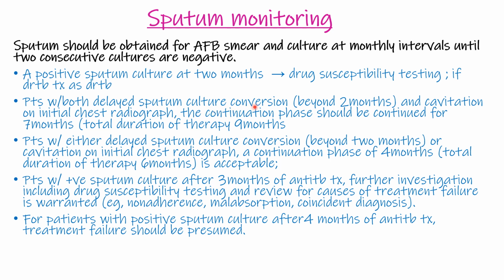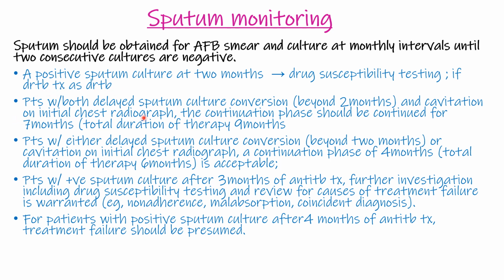You have a patient whose culture is positive. The conversion from positive to negative should have occurred by 2 months. So if the sputum culture is still positive at 2 months, then you have to suspect, is this drug resistant? Then you do drug susceptibility testing, and if it is drug resistant TB, you treat the drug resistant TB.